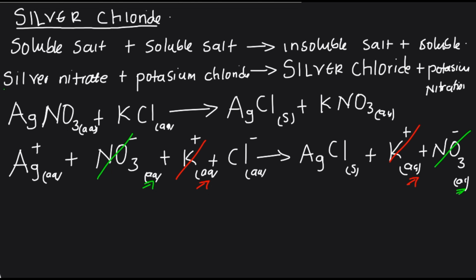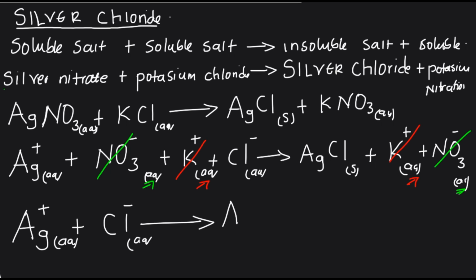Then our final answer will be silver plus aqueous plus chloride minus aqueous, which results in silver chloride solid. So this is what you do.